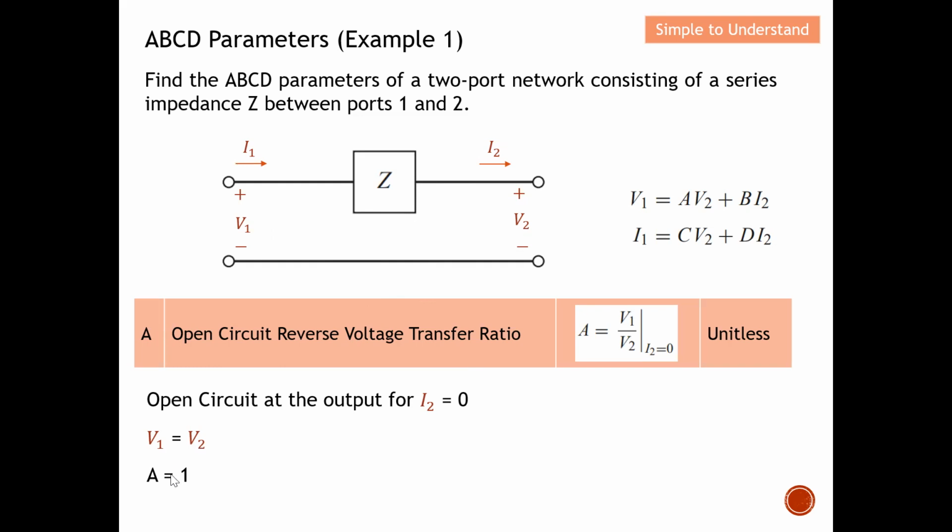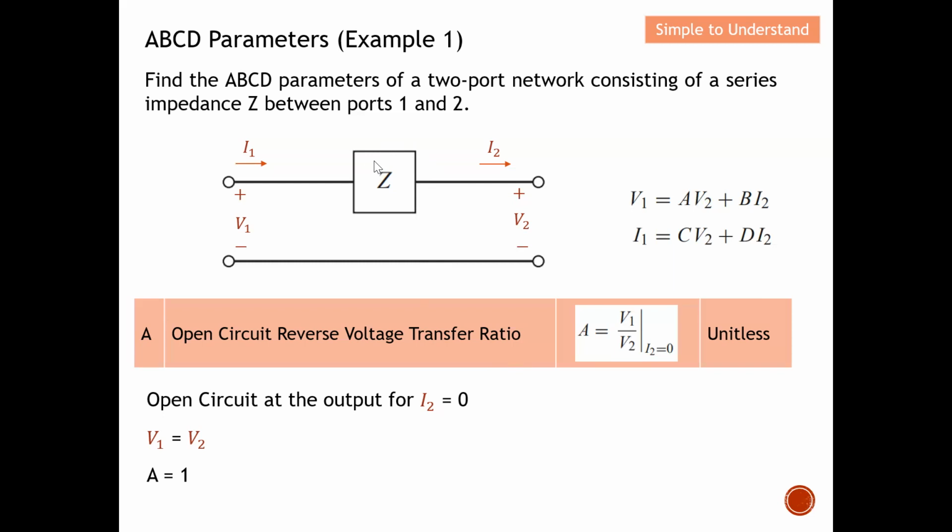Therefore, A is equal to 1, because A is equal to V1 over V2, and since these two are equal, A is equal to 1. So this is the first ABCD parameter A, which equals 1 when a series impedance is connected between port 1 and port 2.